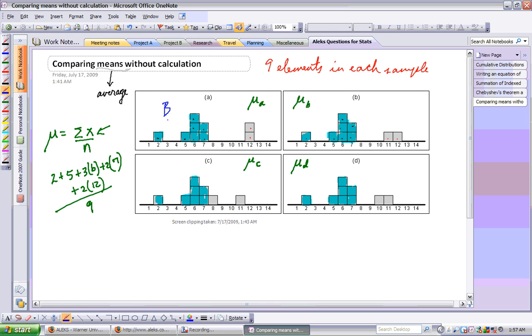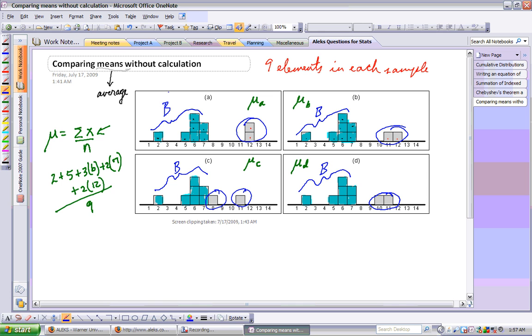This whole thing is B, this whole thing is B, this whole thing is B, this whole thing is B. So the only thing that accounts for the difference are these guys over here in this picture, the 8 and the 11 in this picture, and the 10 and the 11 in this picture.